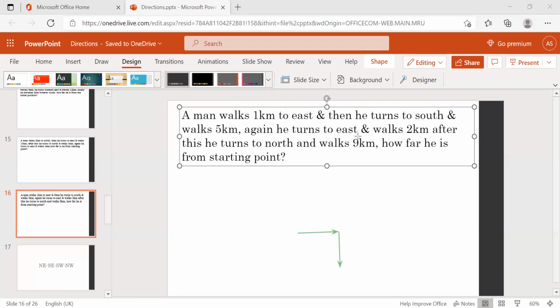Again he turns to east and walks 2 kilometers.